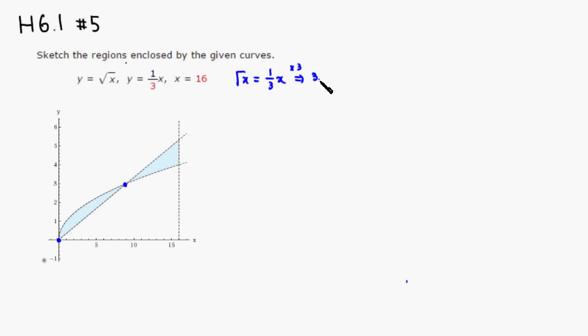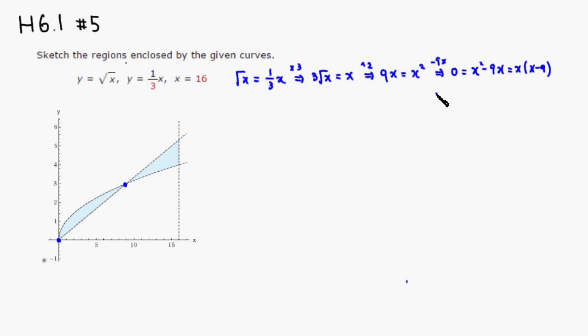Multiply both sides by 3. So you have 3 square root of x is equal to x. If you square that, you get 9x equals x squared. If you subtract the 9x from both sides, we get that 0 equals x squared minus 9x, which can be factored as x times x minus 9.